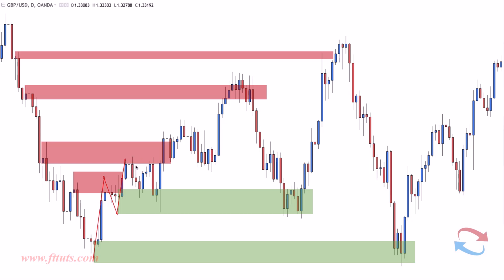And then we move higher, and really that level's now closed way above here. This now becomes another strong level of demand potentially as an odds enhancer. So these are really the two levels that we want to look at when it comes to supply taking out demand, or demand taking out supply.